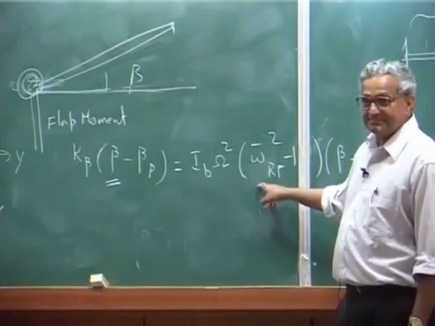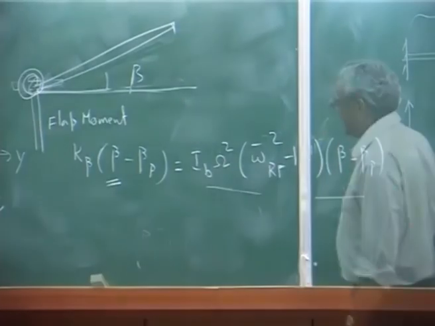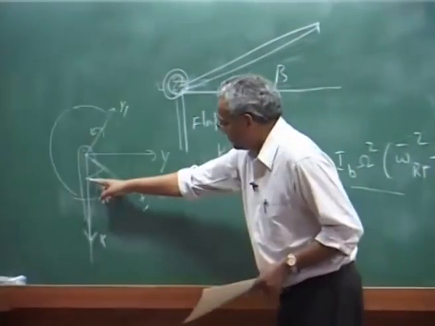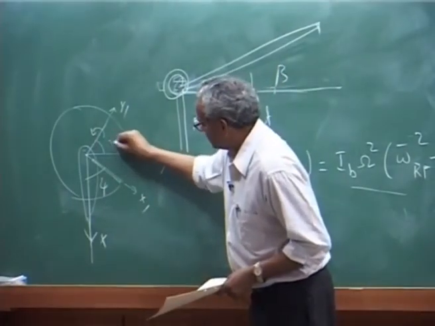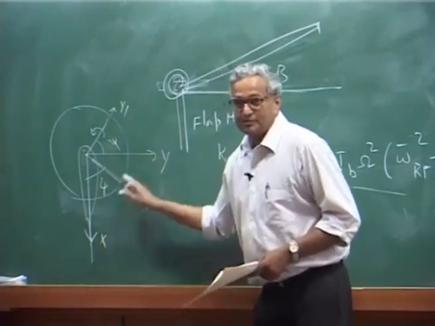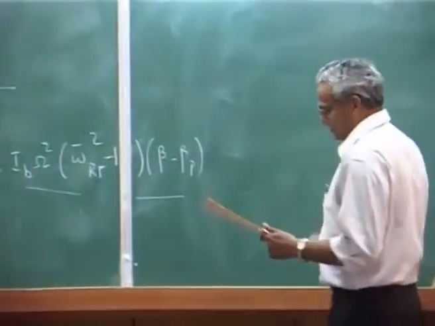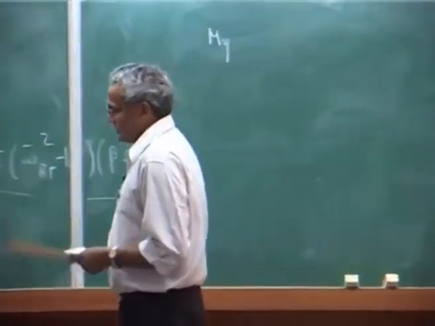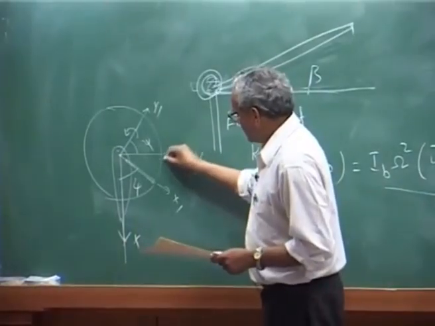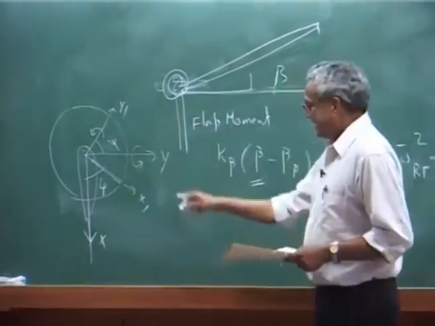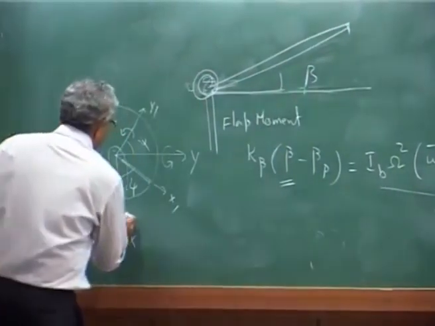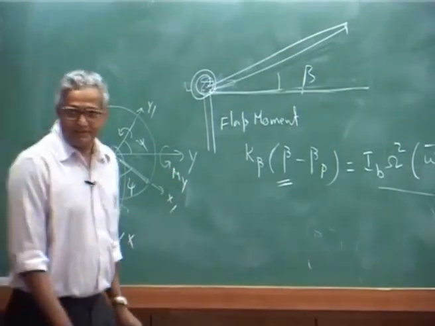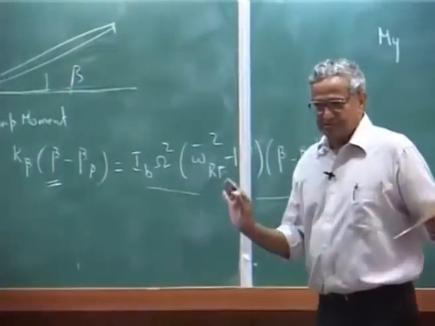Now, using this, I will get my moment, because this is my psi. So, this angle is also psi. I take along x and y. What is the moment? I will have my, my will be my pitch moment here, and mx will be my roll moment. This is mx, this is my, in the hub system.